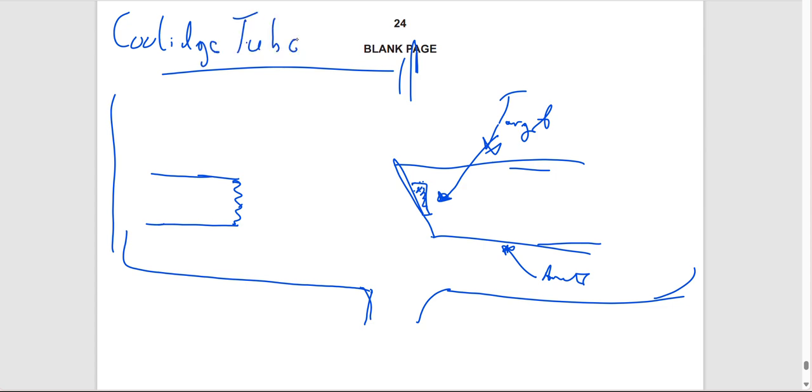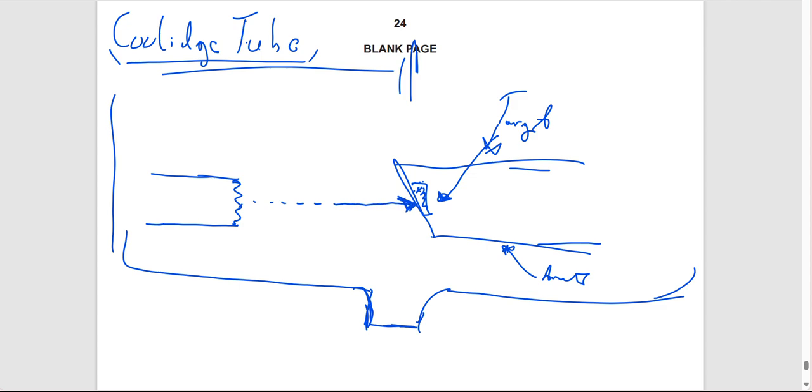And then to show you how the diagram looks like. So the electrons move when they have been accelerated. When they are stopped here, they lose all of that kinetic energy that they have due to abrupt deceleration.